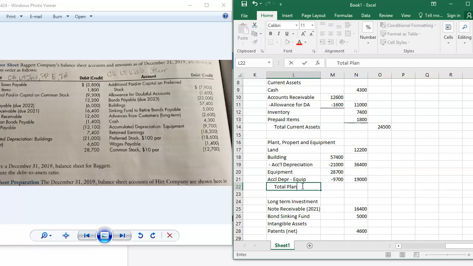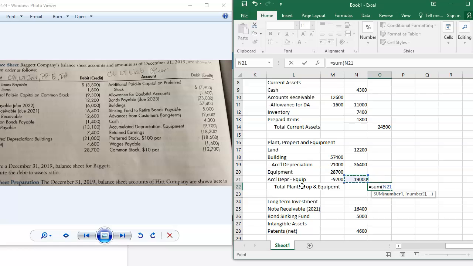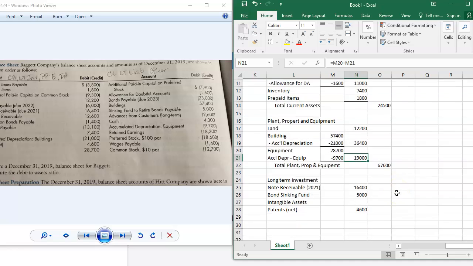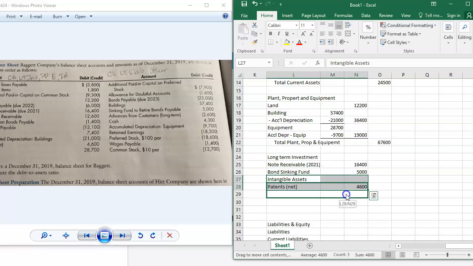And my total plant, property, and equipment is going to be the sum of those three. I'm going to make that pretty. All right, then move this down.